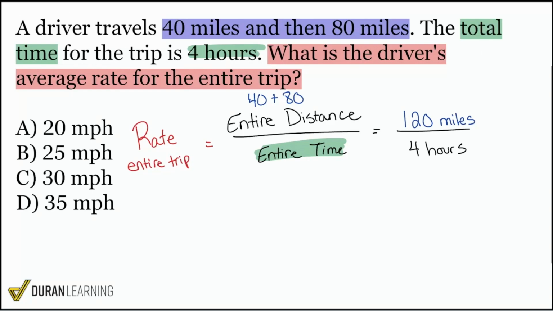Everybody, what is 120 divided by 4? Correct. That'll give us 30, and that's the rate. So that would end up being 30 miles per hour. And there we are, my party people. The answer is C.